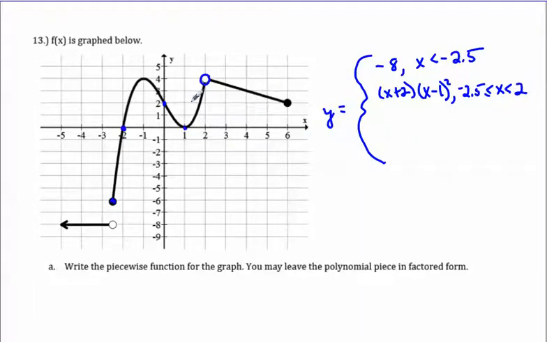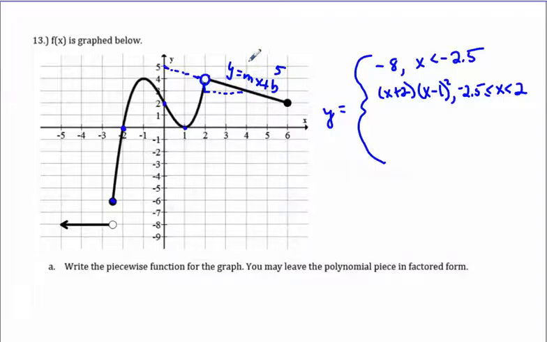All right, the last piece is a linear equation in the form of y equals mx plus b. And you can't see what your y-intercept is because it's not connected to the y-axis, but if you were to continue this pattern, it looks like it would be 5. So my y-intercept is 5, that's the b. And then the slope is the rise over the run. So that's going to be down 1 and over 2.